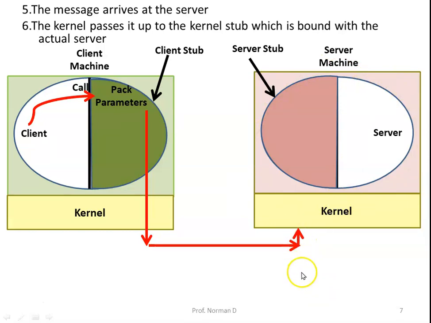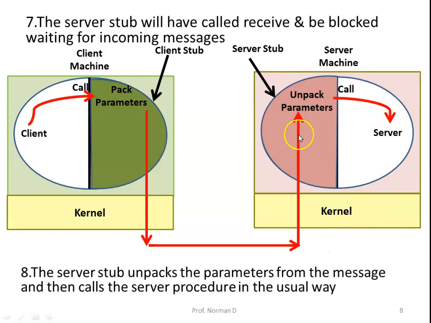Now, since the message was packed, the job of the server stub is to unpack this message and pass it to the appropriate process on the server. So the server stub will unpack the parameters and pass those parameters to the actual process on the server.